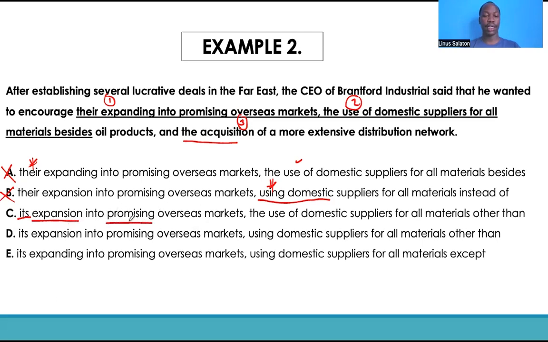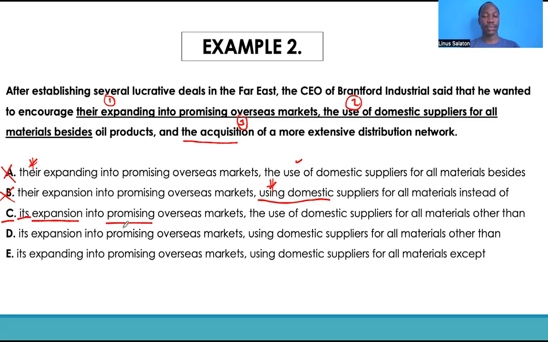You can tell also a gerund that is sort of acting as an adjective in this phrase, promising overseas markets. Basically, promising overseas markets would act as an adjective to this other part of the noun. The use of domestic supplies for all materials other than oil products. So for me, I feel this is sort of correct, and I would return to this to examine if the other answer choices are correct or incorrect.